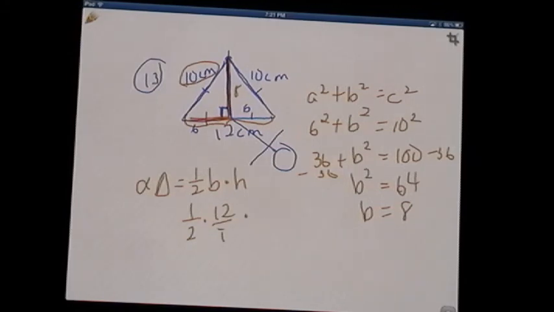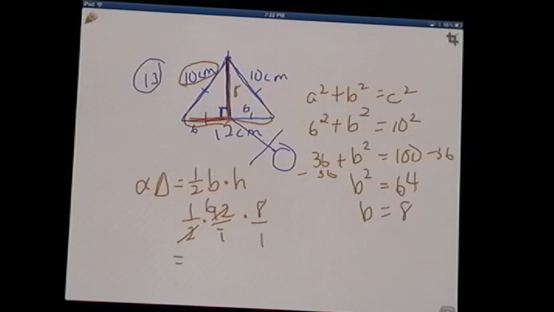So we have 1/2 base, which is 12, and height, which is 8. And I'm setting this up as a fraction so that I can do this cancellation. That way I can actually do the multiplication in my head. 6 times 8 is 48. I could probably have done it in my head anyway, just because it's a 12. Okay, 48 centimeters squared. So make sure that you add in the centimeters squared.